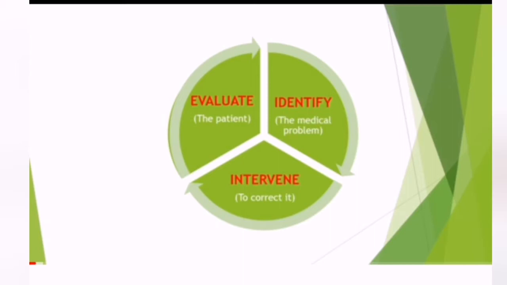In the start, we will have to start by initial impression. Initial impression, CBC. C for consciousness. We have to check the patient if he is responsive, if he is conscious or he is not conscious. B for breathing.